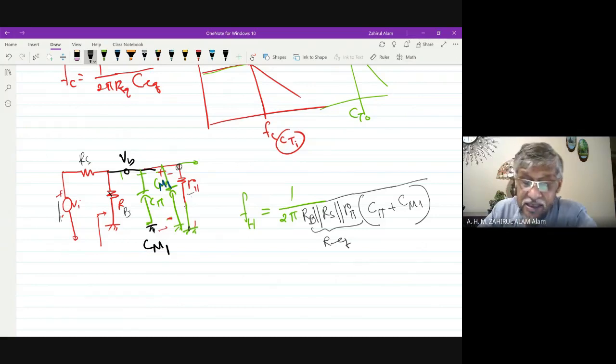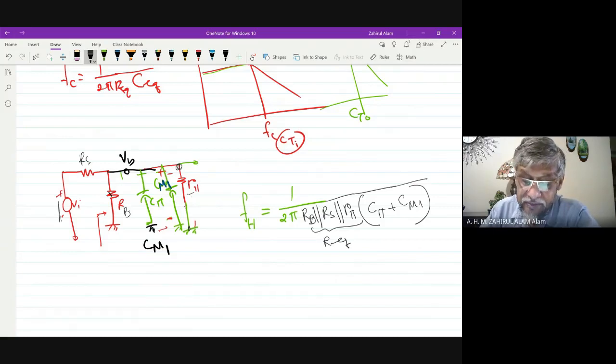Now sometimes we are asked to find the higher corner frequency without considering the Miller effect. Then what is the expression?